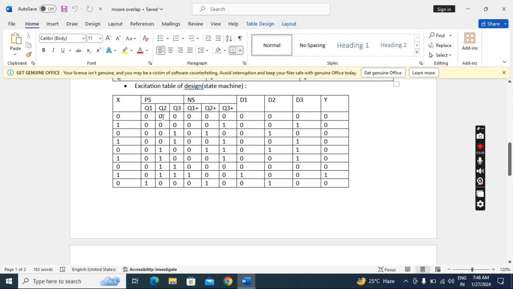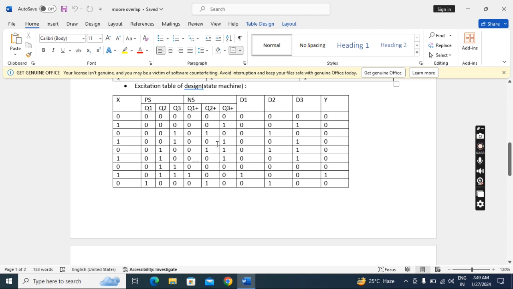Like that, for each state we get 2 rows: one for input 0, one for input 1. The second state is 001. For 001 it can be 0 or 1. Like that we have to write for the remaining 3 states also with the 0-1 input combination. So now we understood how to write x, and how to write the present state Q1, Q2, Q3.